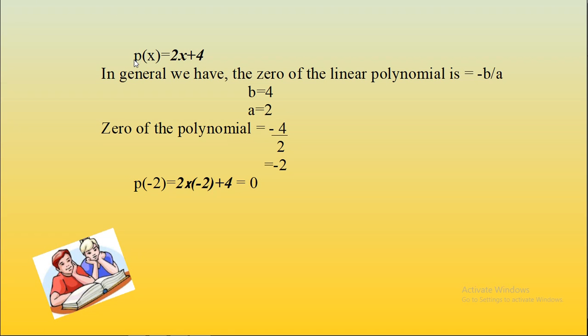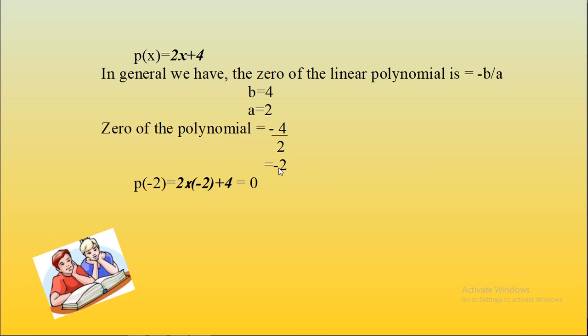That is, let p of x equals 2x plus 4 be the linear polynomial in the variable x, and in general we have the 0 of the linear polynomial is equal to minus b by a. Here the b, which is the constant term of the polynomial, is 4 and a is 2, that is the coefficient of x, and then we will get the 0 of this polynomial 2x plus 4 is equal to minus of the constant term, that is minus of 4, divided by the coefficient of x, that is 2, and we get minus 2.